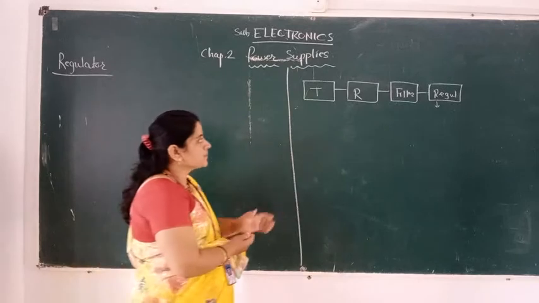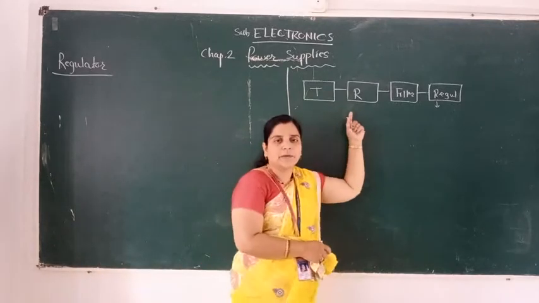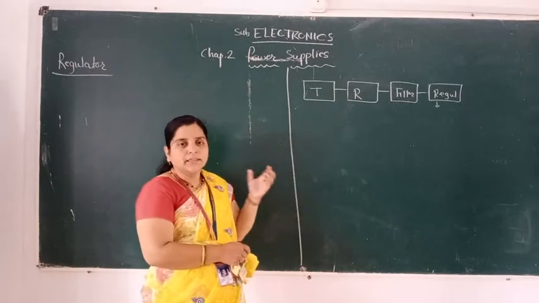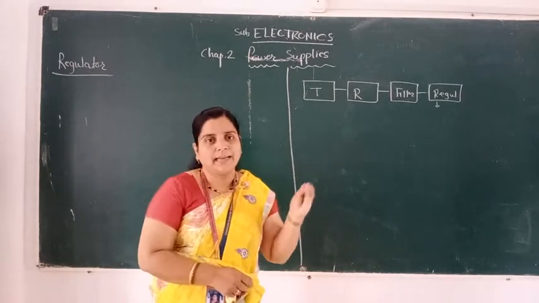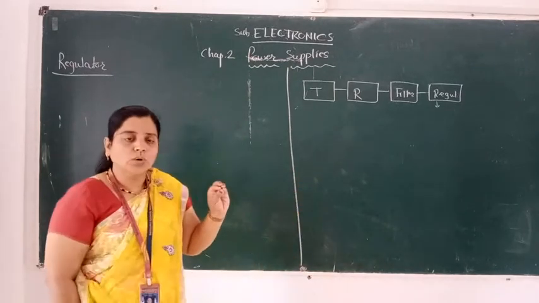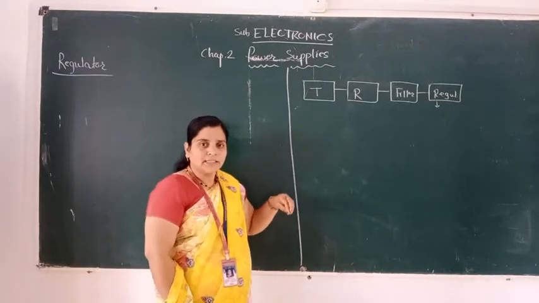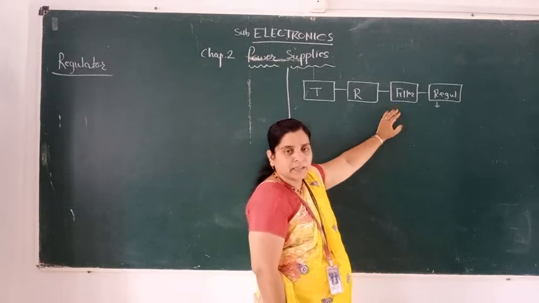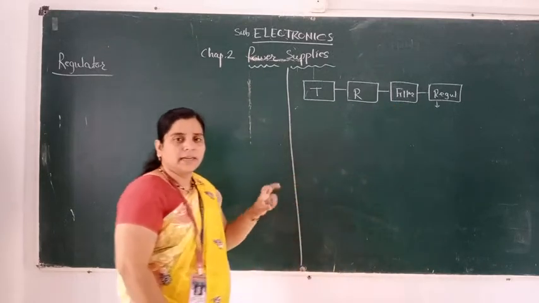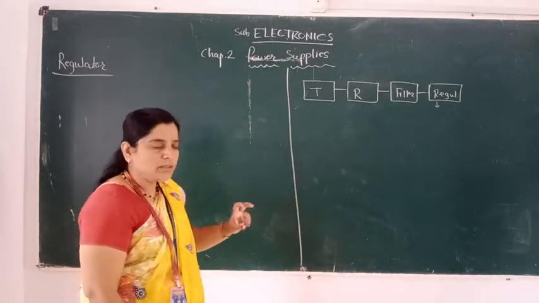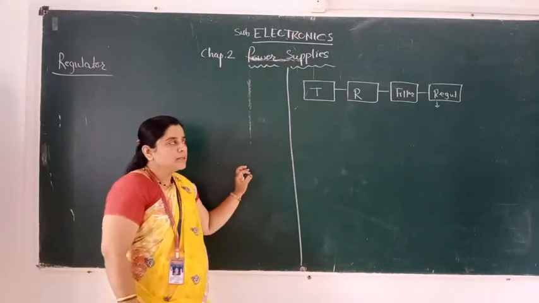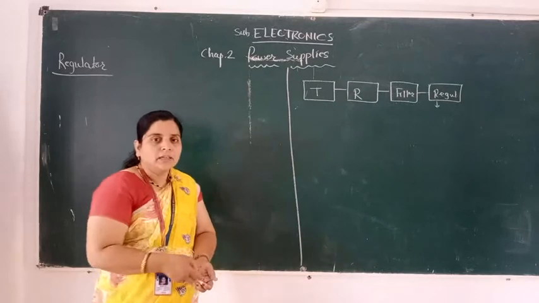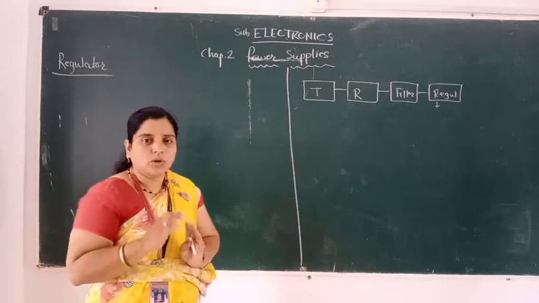What happens in a rectifier circuit? When alternating current is converted into direct current, some amount of AC remains. That AC is called ripple. That ripple is filtered by the filter circuit, and then we get a DC voltage at the output. But that DC voltage is not constant.